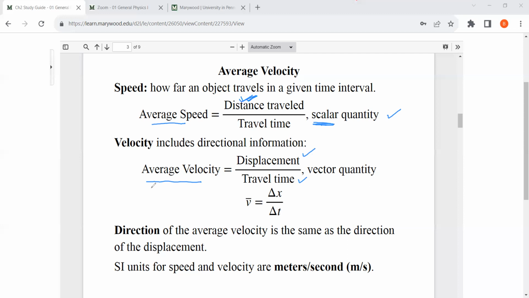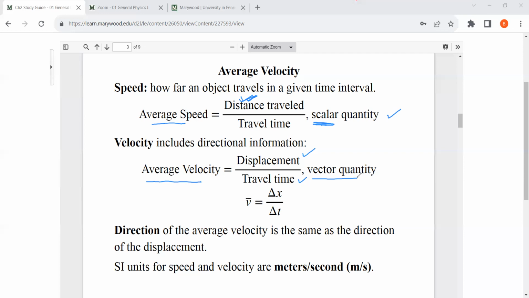So because average velocity is associated with displacement, velocity is also a vector quantity. Speed, average speed, or any speeds are scalar quantities because we need distance to measure speed. To measure velocity we need displacement.